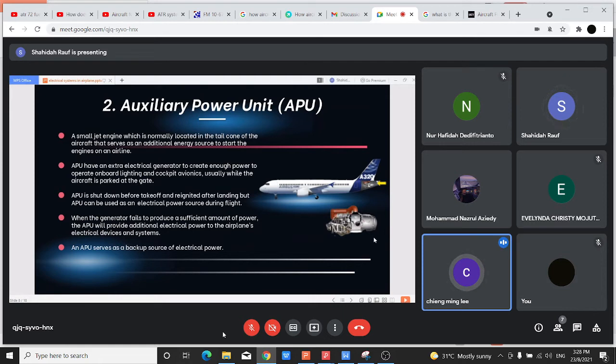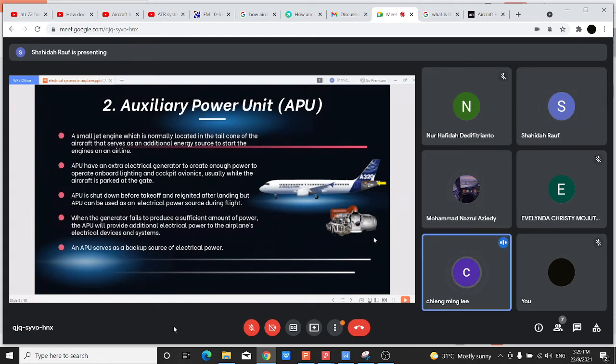That depends on the design of the aircraft. Different aircraft, different priorities. Once you lose both your engines, that is already very critical, so you want your power to be used for emergency systems only. That means your landing gear, your flight controls, your instruments, all these things.